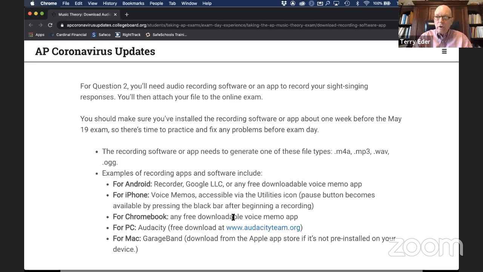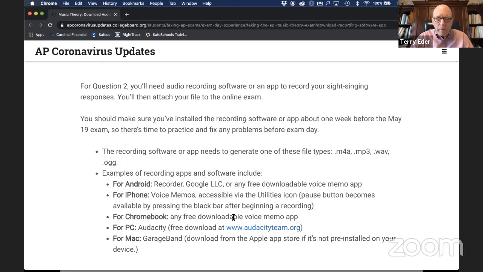For instance, if you've got a computer and that's where you're submitting your answers for the test, and you're recording on your phone, you can email that to your computer and then it'll be ready to submit. Those kinds of things you're going to have to decide and practice before the test, how you're going to do this, okay?